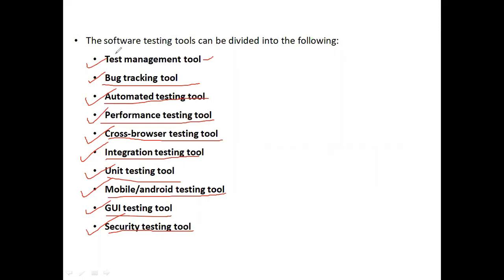The first one is the test management tool. What we are doing in a test management tool is keeping track of all the testing activities, fast data analysis, and managing the manual and automation test cases.